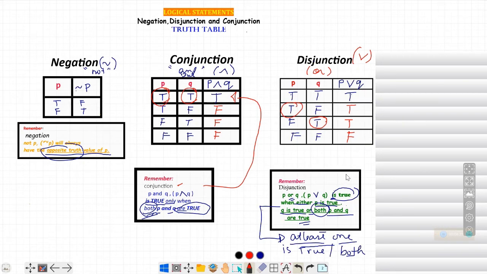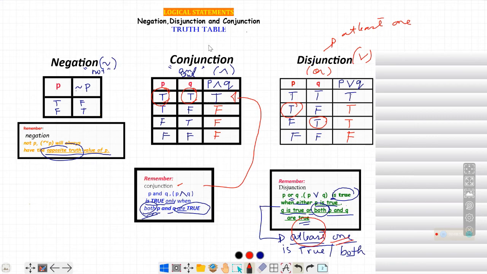You just need to remember that if at least one is true, then the statement will be true. That's for disjunction. So that's the difference between conjunction and disjunction. For disjunction, at least one.